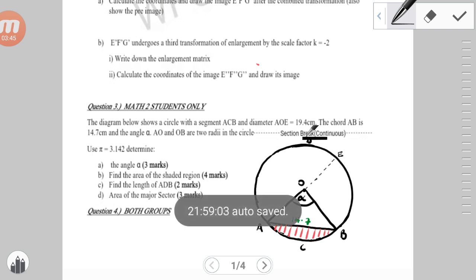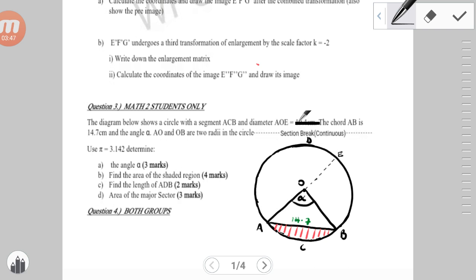But it did say here that AOE is 19.4. So this distance from here to here is 19.4. Since that is the diameter, the relationship between the radius and the diameter is that the radius is half the length of the diameter. And so these here are radius 1 and radius 2.